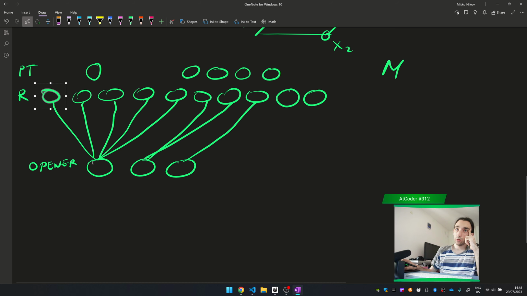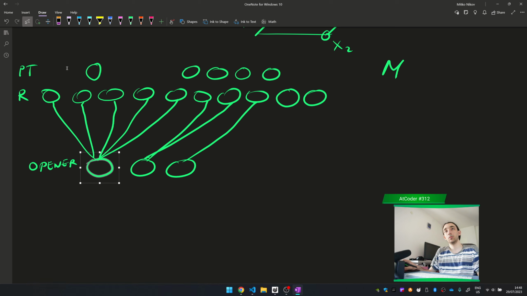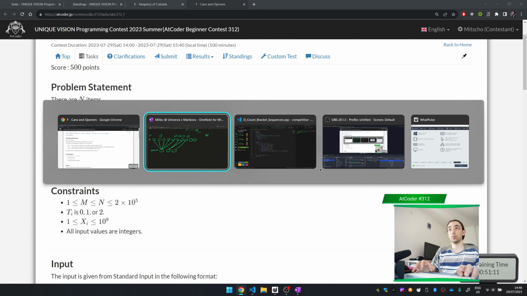So in this opener, this opener would get this amount of happiness, and then if M is enough, then I will... so I have to sort them like that.